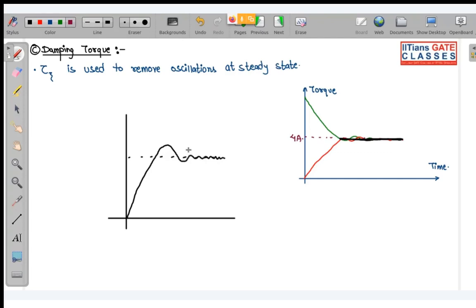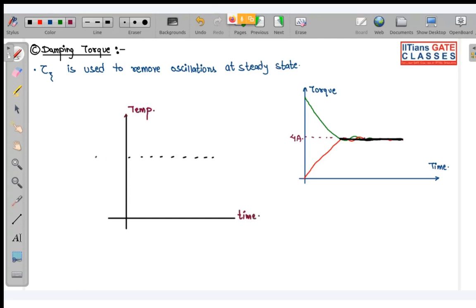Suppose you have one air conditioner. The moment you switch it on, what happens? If I am taking the air conditioner example, this is your temperature versus time.